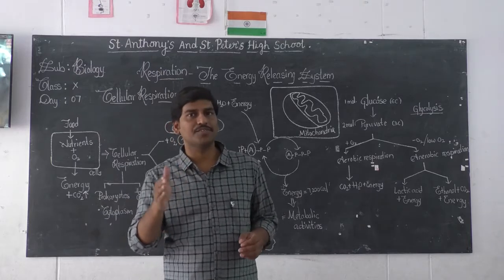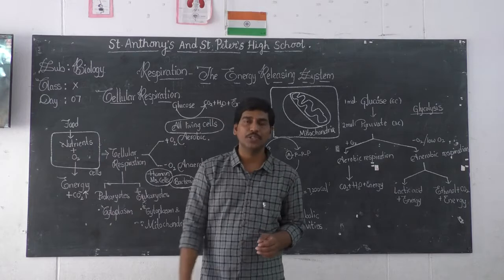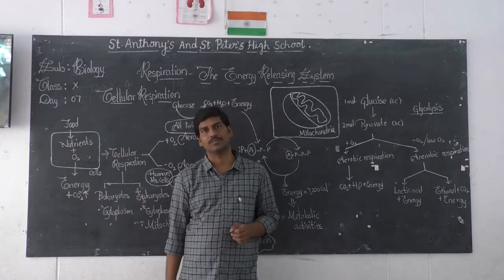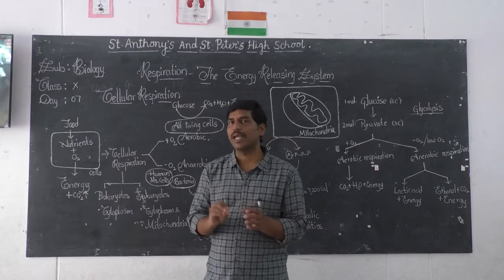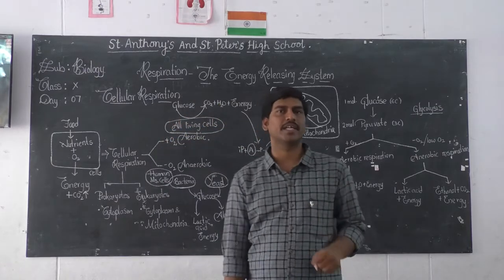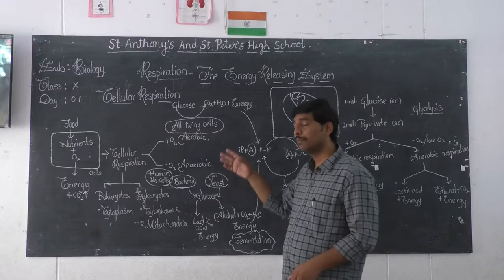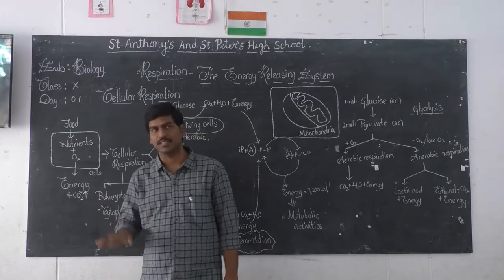In a series of steps, the nutrients are broken down. In the same way, at particular steps, some amount of energy is liberated. All the energy is not liberated at one time.